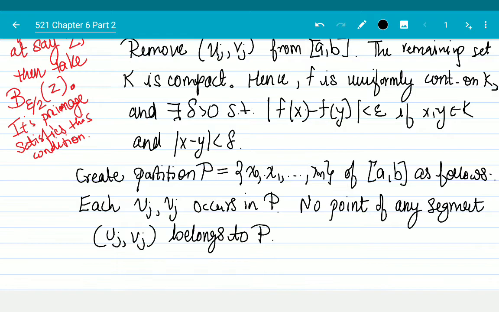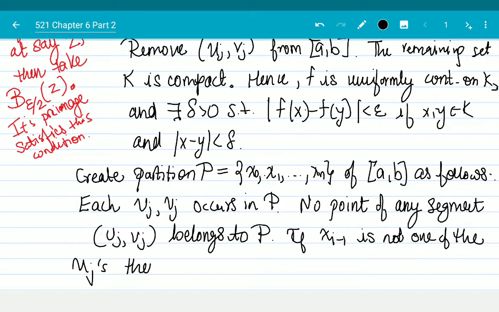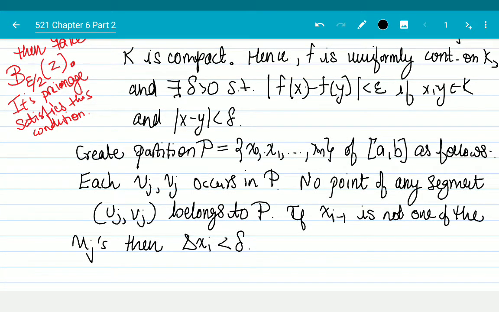If x_{i-1} is not one of the Uj's, then delta xi is smaller than delta.